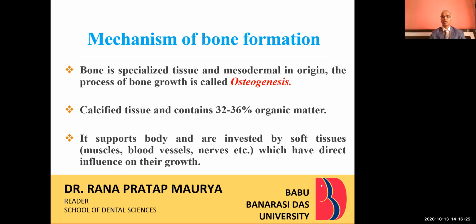Bone supports the body and is invested by soft tissues, muscles, blood vessels, nerves, etc. So these soft tissues have a direct influence on the growth of bone. As we have learned, according to Melvin Moss, the soft tissue structures cause growth of bone.